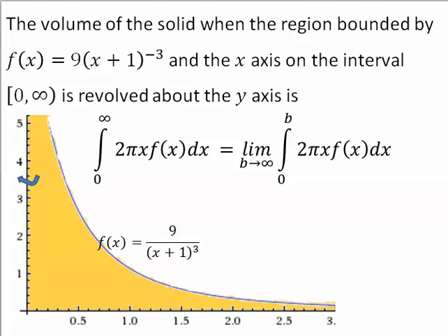The volume of the solid when the region bounded by f and the x-axis on the interval from 0 to infinity is revolved about the y-axis is the limit as b goes to infinity of the integral from 0 to b of 2 pi x f of x dx.